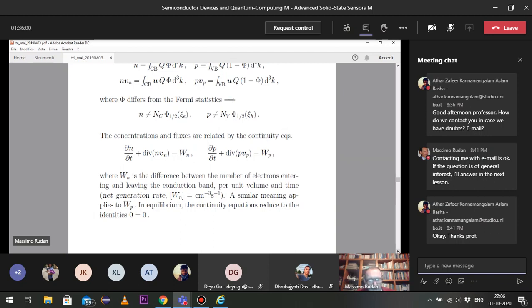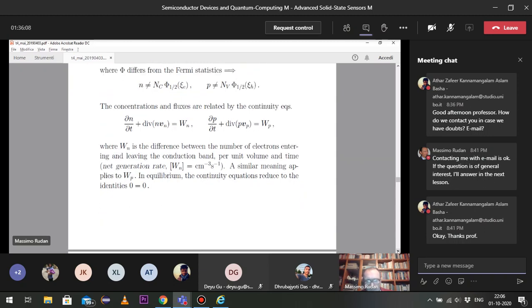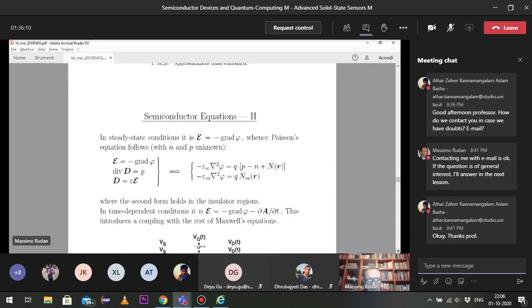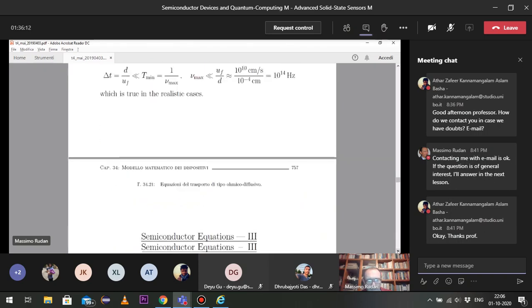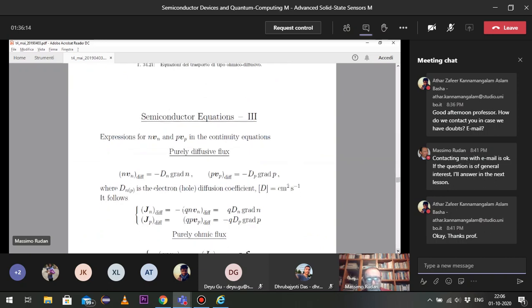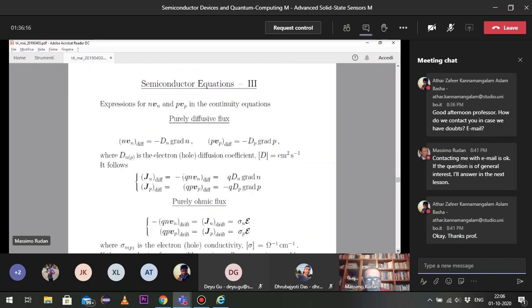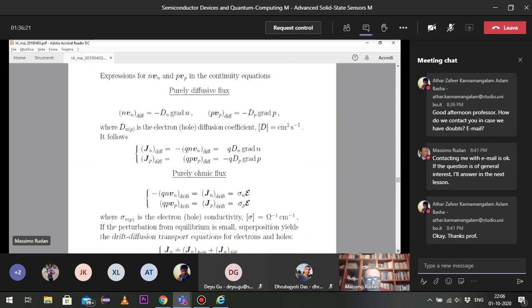Okay, so we now shall examine separately these two mechanisms, drift and diffusion, and then we shall put them together. We start with considering diffusion, okay?